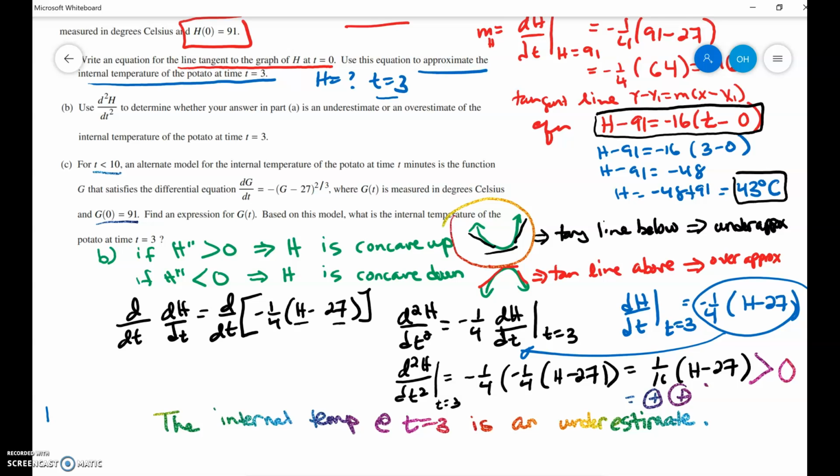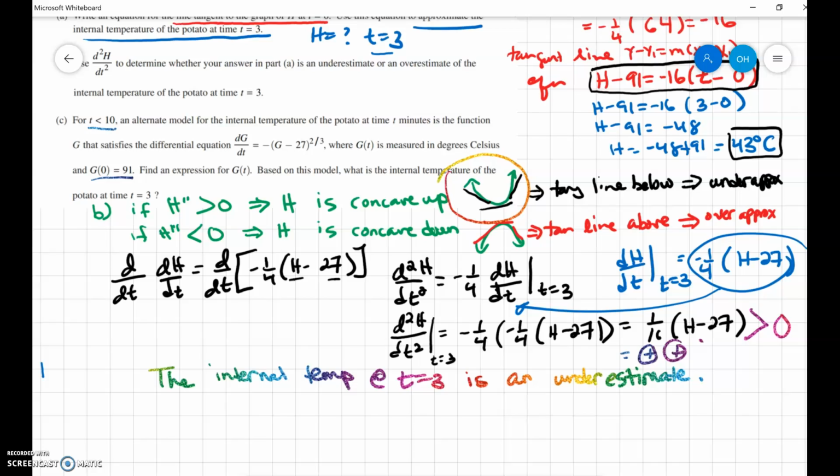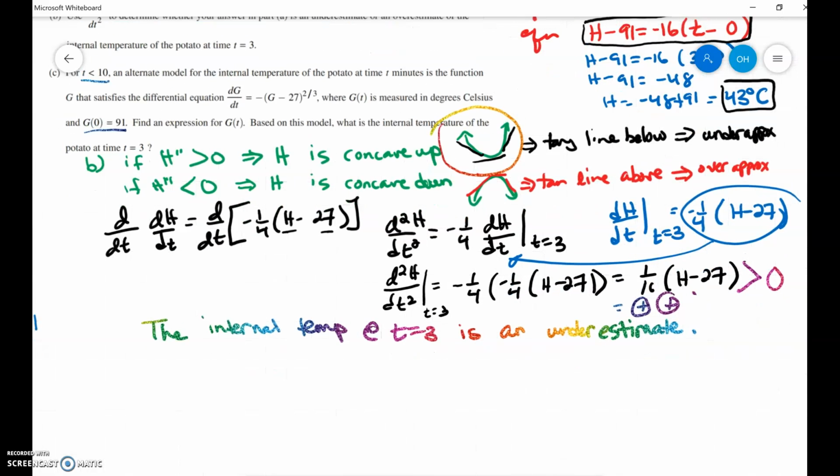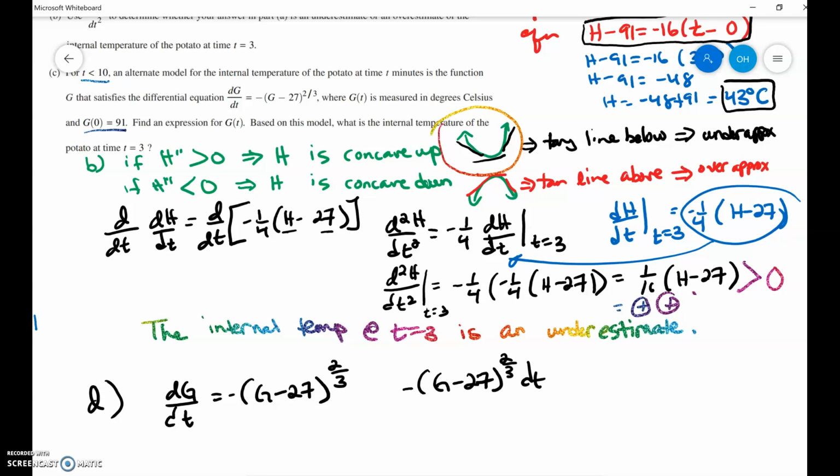Okay, so we've been down this road before, so we're going to integrate. I have dg dt is equal to negative g minus 27 to the 2/3, and I'm going to separate my variables. So I'm going to cross multiply, and I have negative g minus 27 to the 2/3 dt is equal to dg.